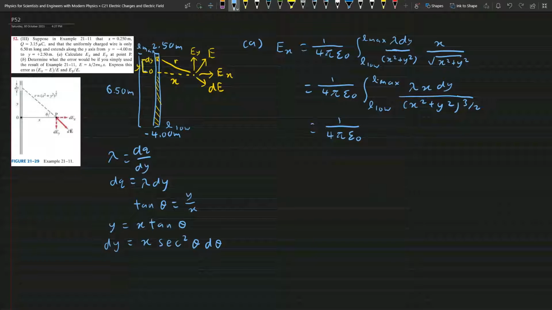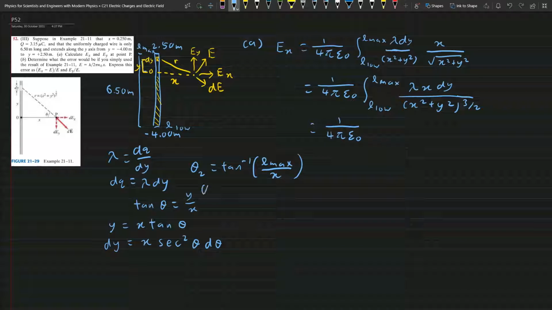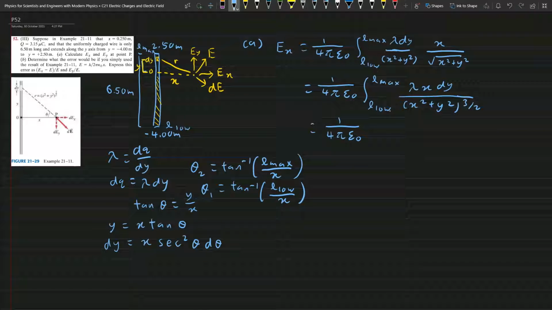That means the limits we have to change, which is given by theta 2 equals the arc tangent of L max over x, and theta 1 for the lower limit, we get arc tangent of L low over x. So we can define like this theta 2 and theta 1, and this lambda is constant, we can put it out.